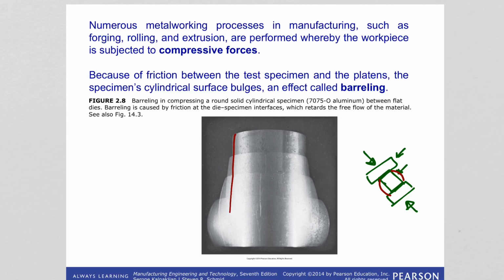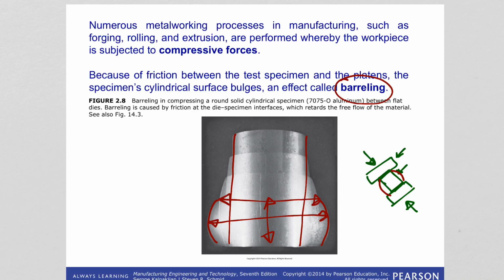As you push it, it will bulge like this, and you can see it in this image. So initially this was the specimen. As they press on it, it starts to bulge, and this is called barreling. Because of this, along the height, the cross-sectional area will not be the same. It's going to vary.